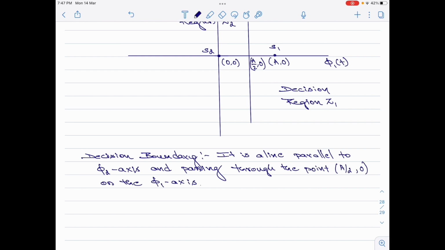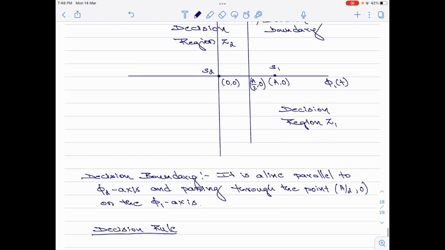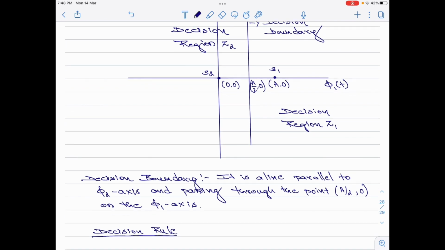Right. Now, coming to the decision rule. The decision rule is very simple here. Given the received signal vector x with coordinates x1 and x2, signal S1 of t will be chosen if the coordinate x1 is greater than or equal to A by 2. Otherwise, choose signal S2 of t.